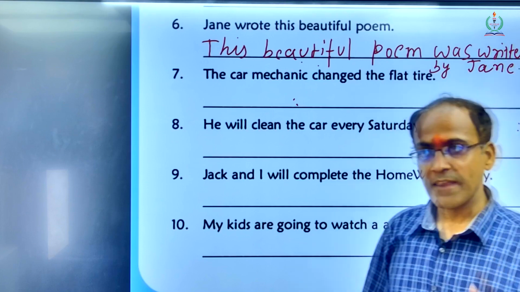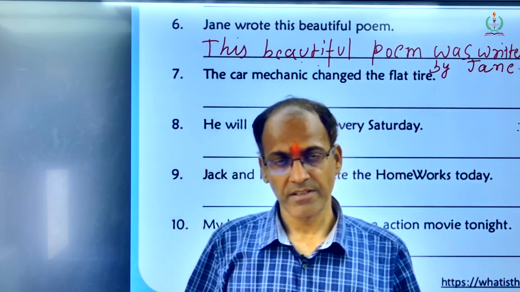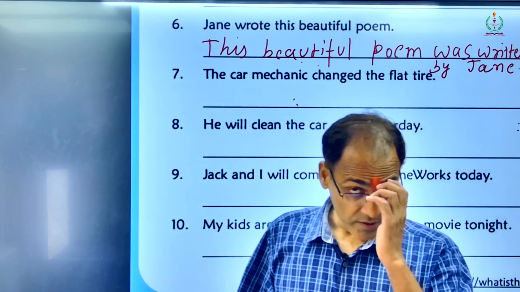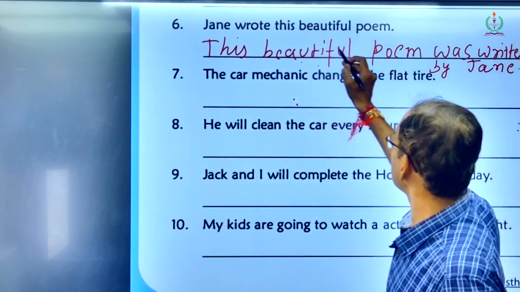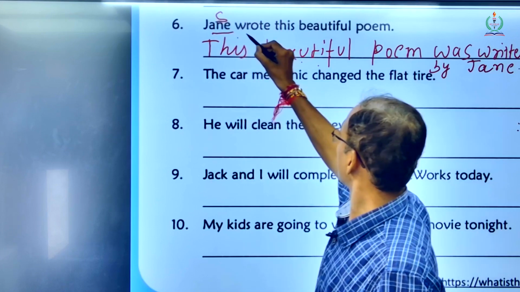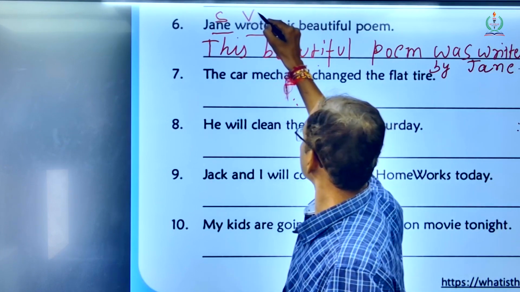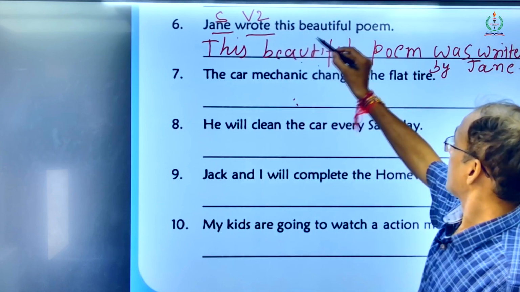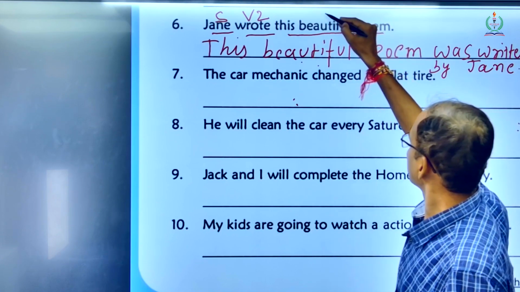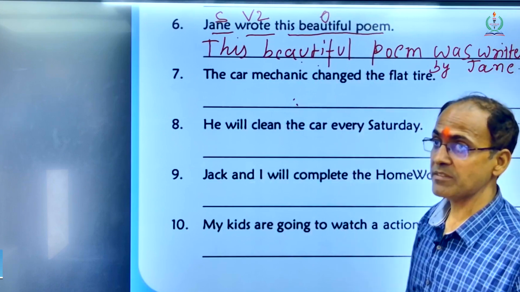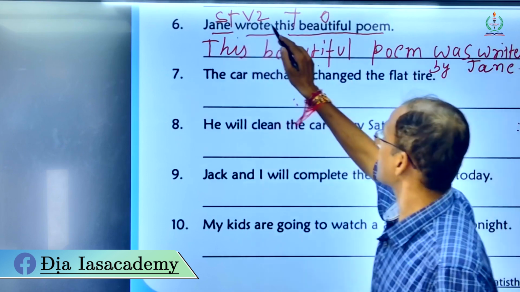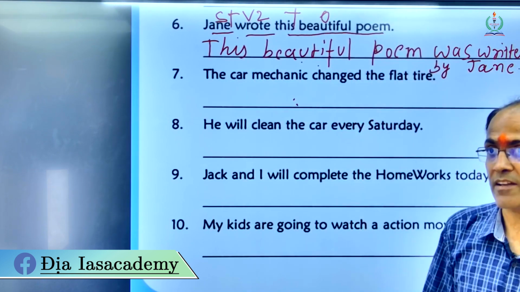Now in the basics we had already discussed the structure of an active voice sentence. When we see Jane wrote this beautiful poem, Jane is the subject in this sentence, wrote is the verb, which is the V2 form, past tense, and this beautiful poem happens to be the object of the sentence. So subject plus V2 plus object, the sentence is in active voice form.